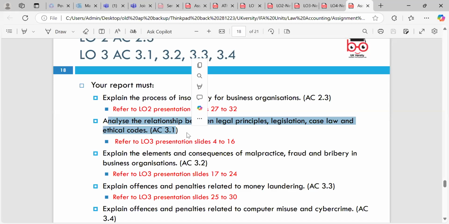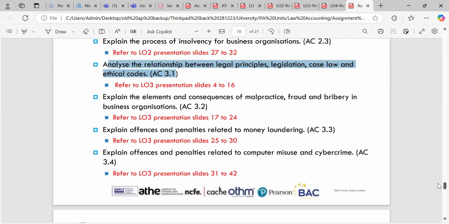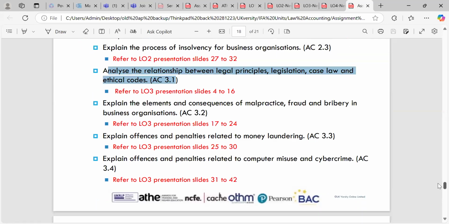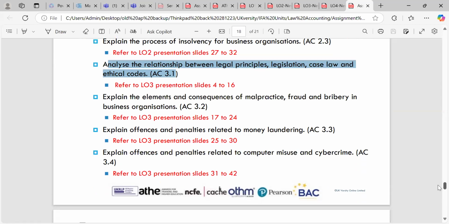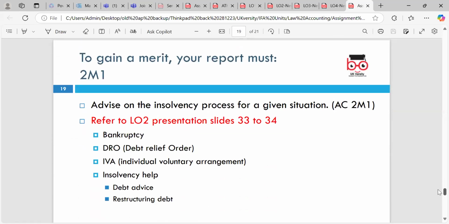So we can look around and explain the offenses and penalties related to money laundering. AML is very important. You can even include annual money laundering legislation and reviews, a member of the IFA, and cyber crime, and why there is a percentage increase in crime. That's absolutely fine to include.